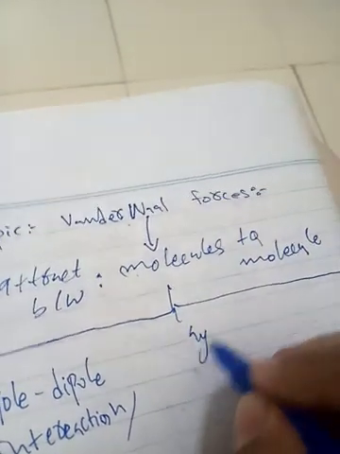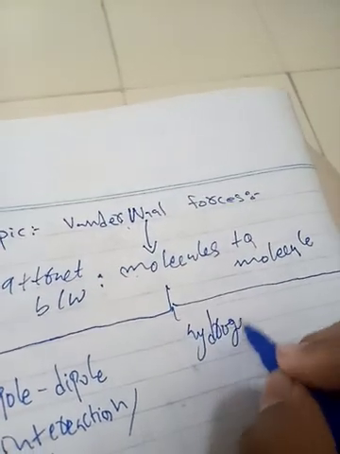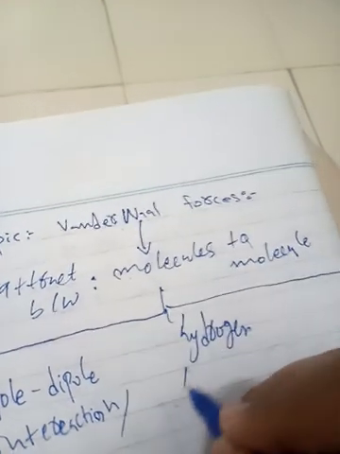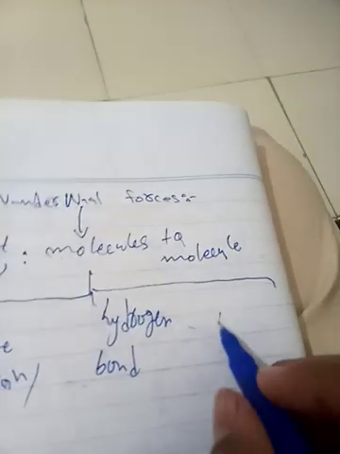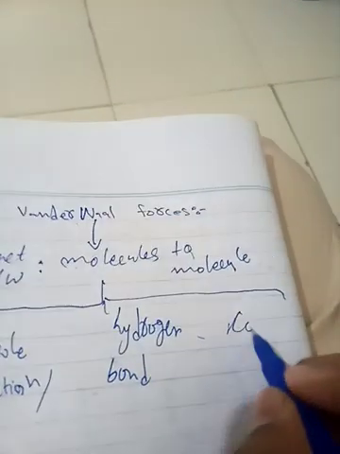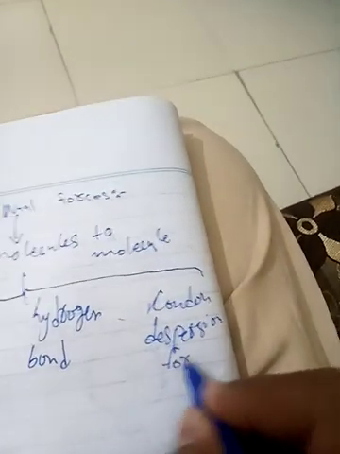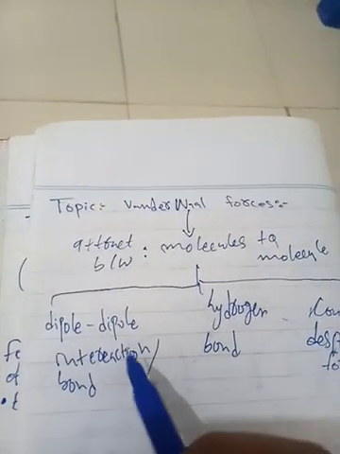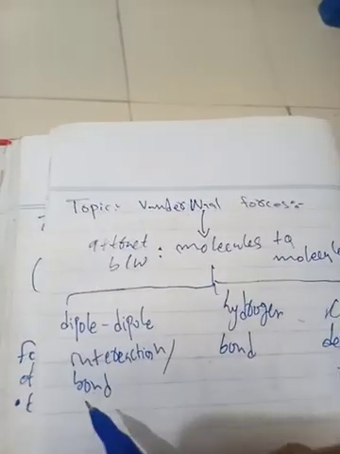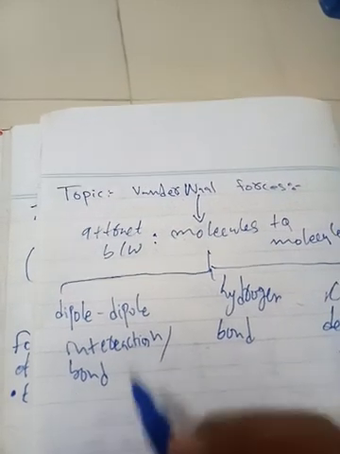Here we have got hydrogen bond on the second, and the third one is London dispersion force. Now let's look at the first, the dipole interaction bond.